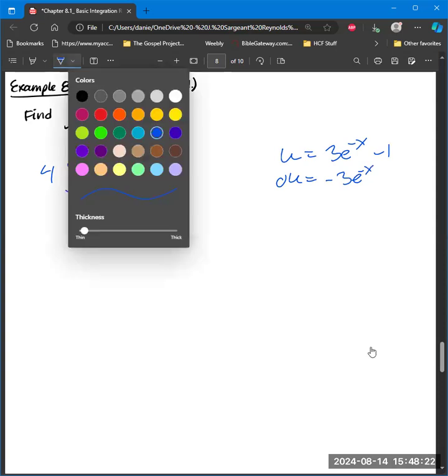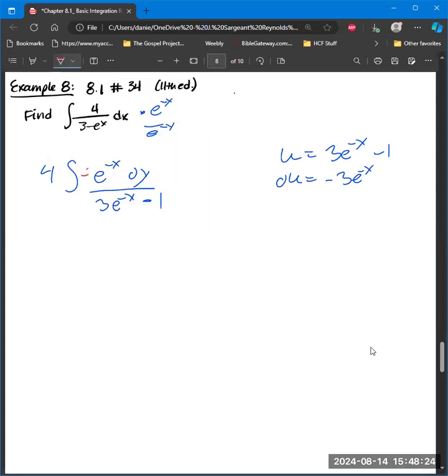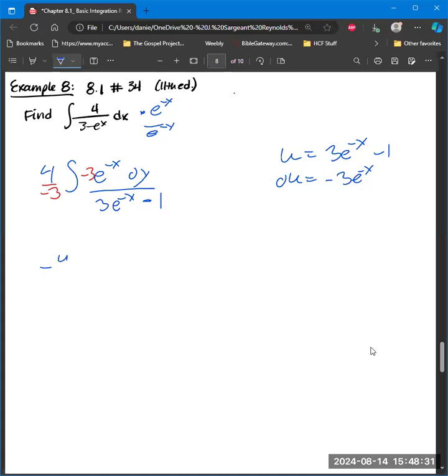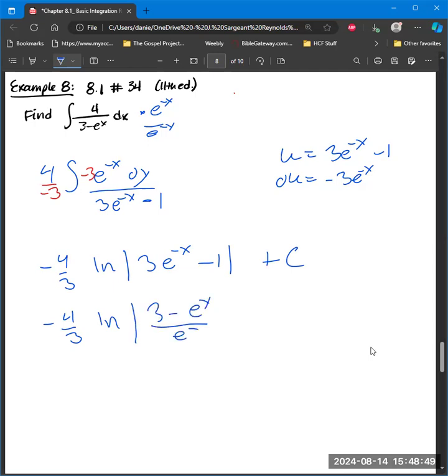So I want a negative 3 divided by a negative 3. I get a negative 4/3 ln of 3e to the negative x minus 1 plus c, which is negative 4/3 ln of (3 minus e to the x) over e to the x plus c.